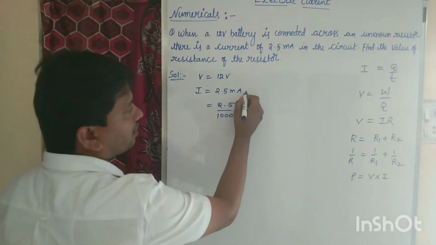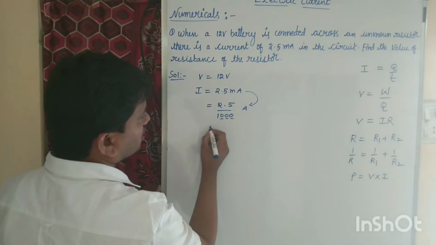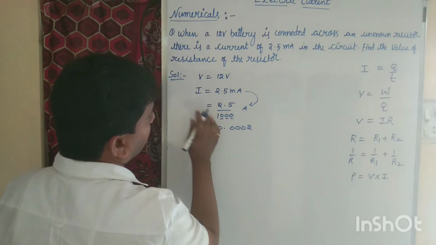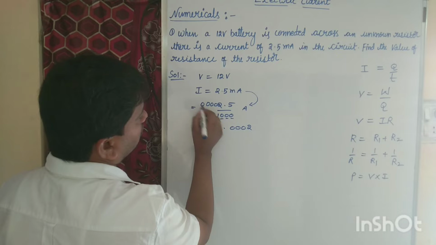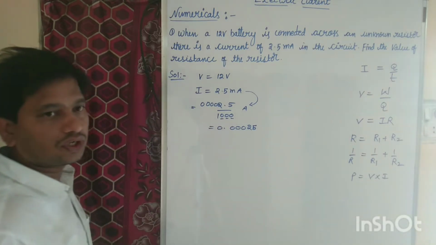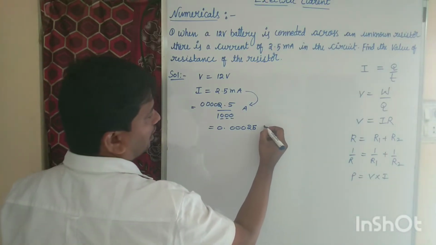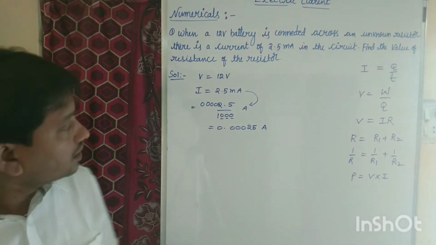So as I converted milliamperes into amperes, we have three zeros. It will become 0.0025 amperes.